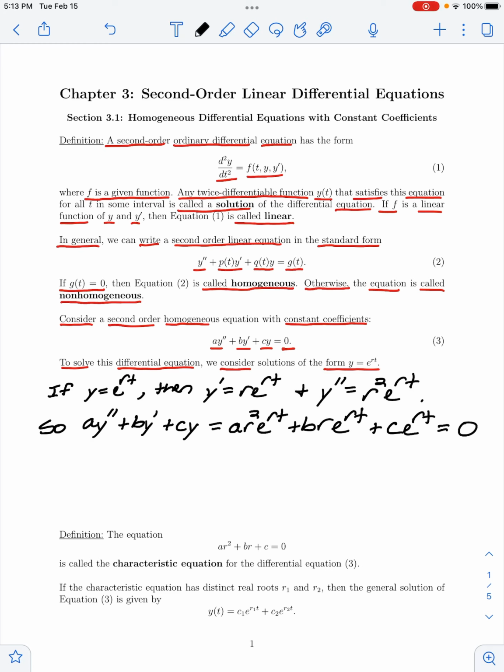And from this equation, we can factor out an e to the rt from each term, and we are left with a r squared plus b r plus c is equal to 0.